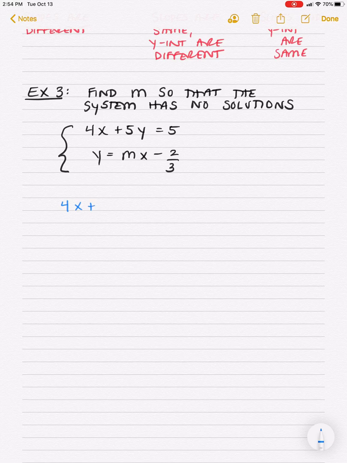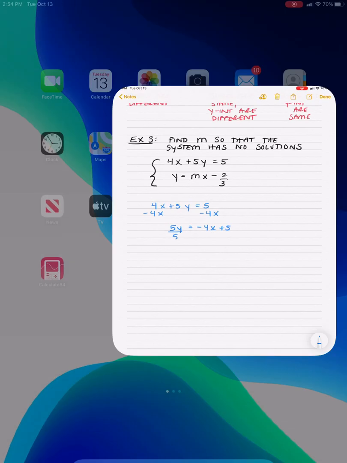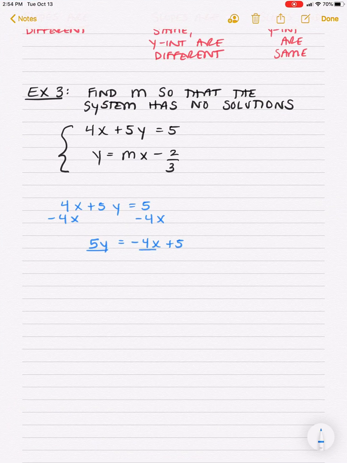So I'm going to take this first equation that was given, and we're going to work to get this written in slope-intercept form, because it's the slope that's going to help me decide what this m should be. Negative 4x plus 5. Now we're going to divide each part by 5. Okay, so here's the first equation written in slope-intercept form. It is negative 4/5 x plus 1, because it's 5 divided by 5.